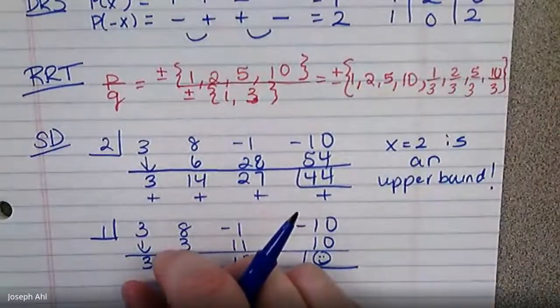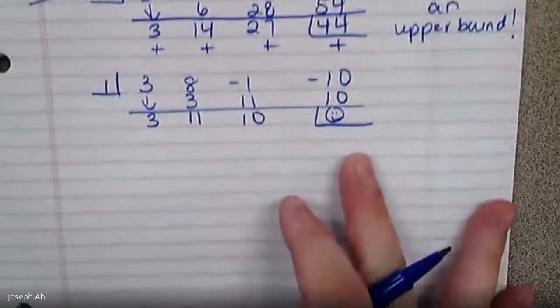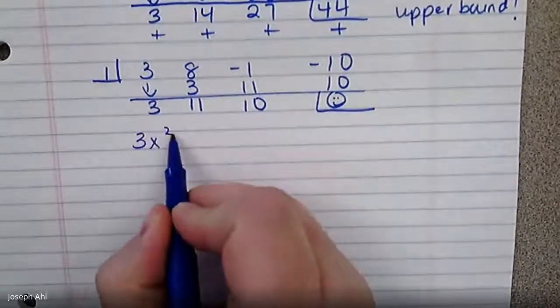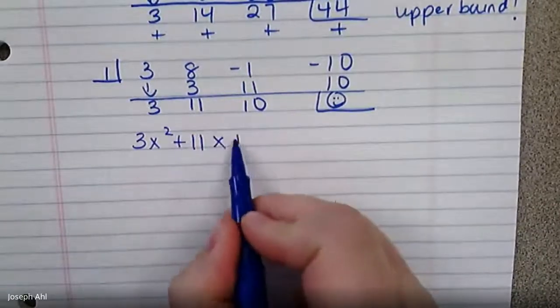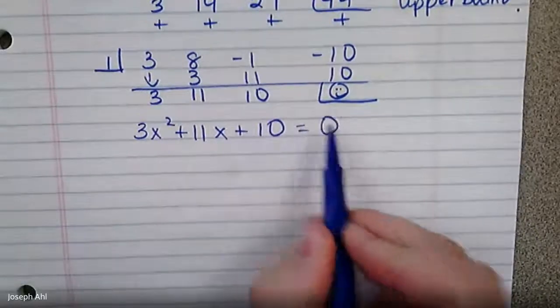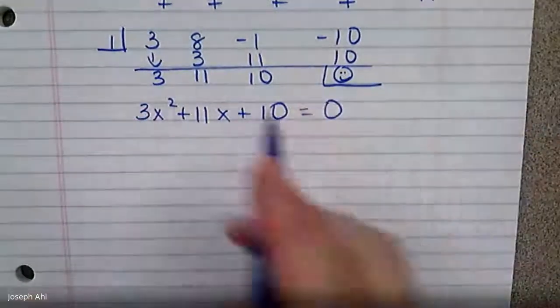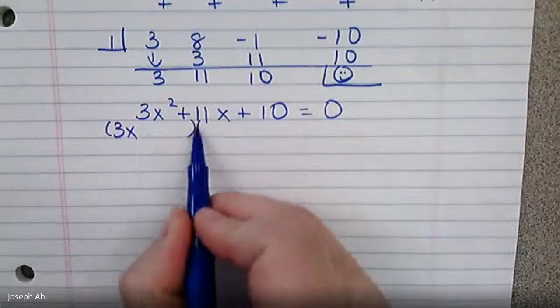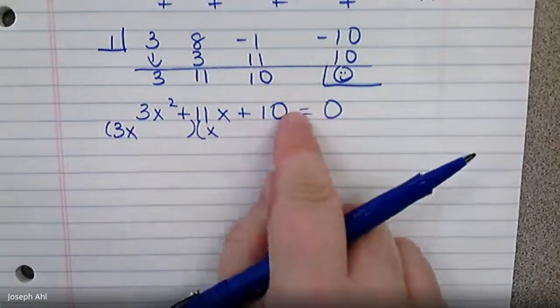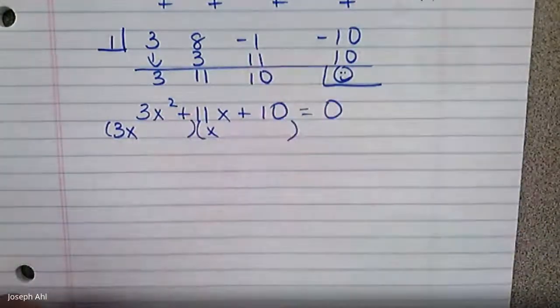Okay, so finally, take your quadratic, 3x squared plus 11x plus 10, and solve it. You have to play around with the factors a little bit here to figure out if you're going to use guess and check type factoring, but 3x and x multiplied to 3x squared. 10 could be 1 and 10 or 2 and 5, some combination there.